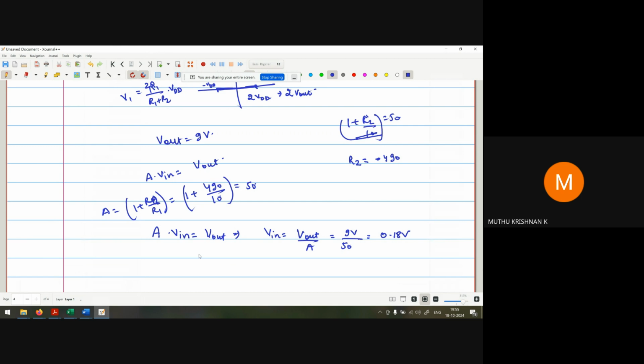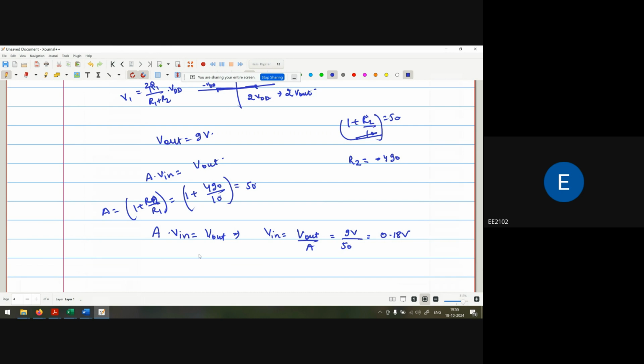But sir, in an op amp, the difference between the two voltages at the terminals is amplified, right? The difference between V plus and V minus, yes. I am just saying V in.